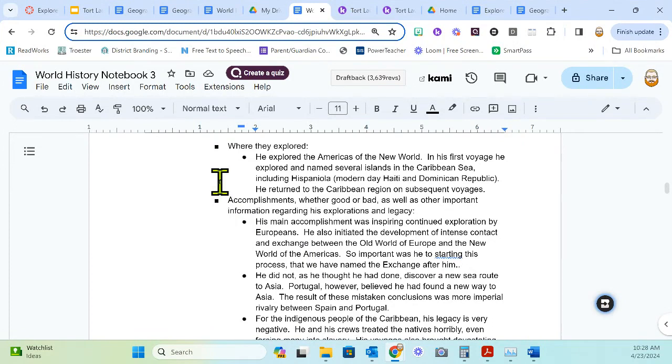In his first voyage, he went to and explored several islands in the Caribbean and named some of them. One of those islands included Hispaniola, which today is Haiti and the Dominican Republic. And we know that he came back to the Caribbean again after that first voyage.